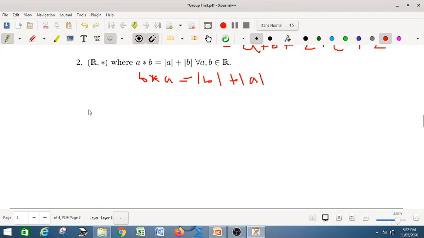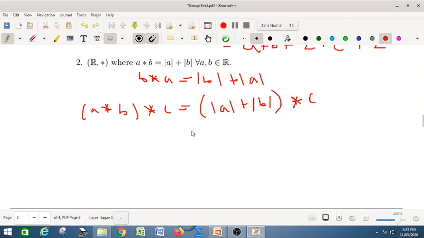If you take A star B first, then take the composition with C, then A star B is mod A plus mod B, star C. So it will be mod of, this whole thing is inside the mod, mod A plus mod B whole mod, plus mod C. Clear? Okay.